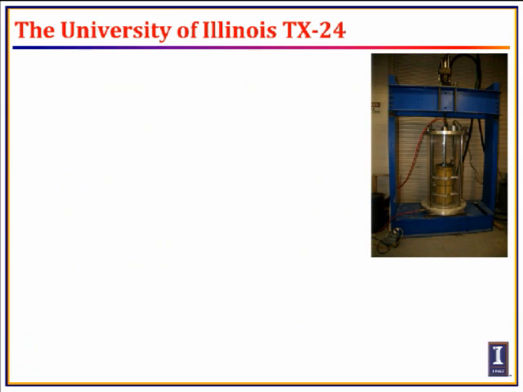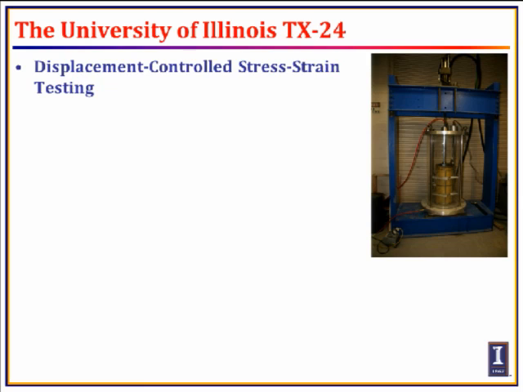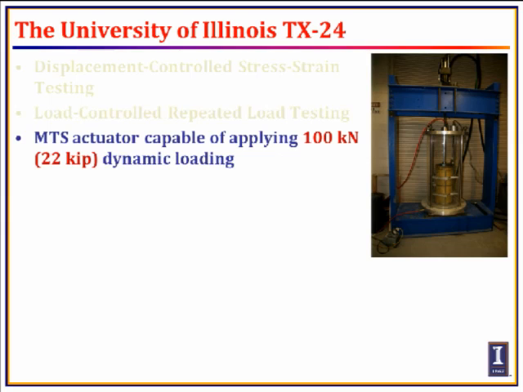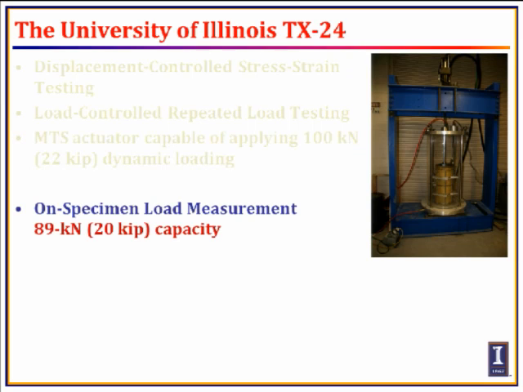So as you can see in the picture here, this is our TX24 setup. It is a displacement control stress strain testing setup. It can also do load control repeated load testing. The MTS actuator that we have is capable of applying 22 kips of dynamic loading, and it has a load cell of 20 kip capacity.